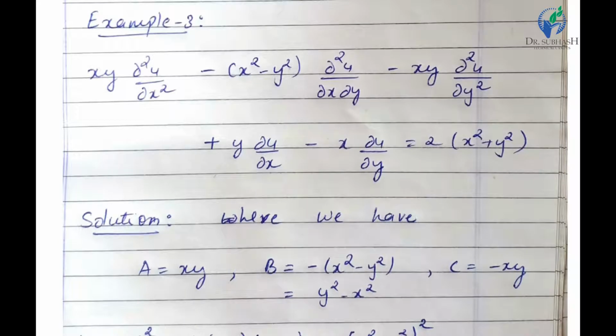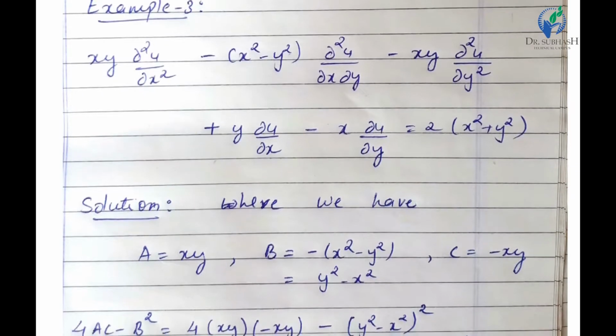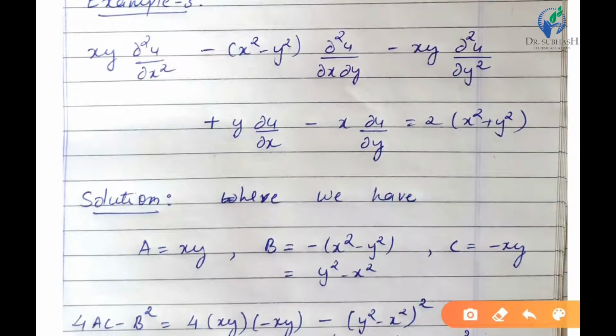Example 3. xy del square u upon del x square minus x square minus y square del square u upon del x del y minus xy del square u upon del y square plus y del u upon del x minus x del u upon del y is equal to 2 into x square plus y square. Now here again we will see the coefficients.